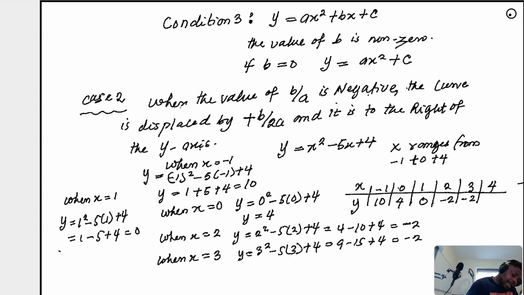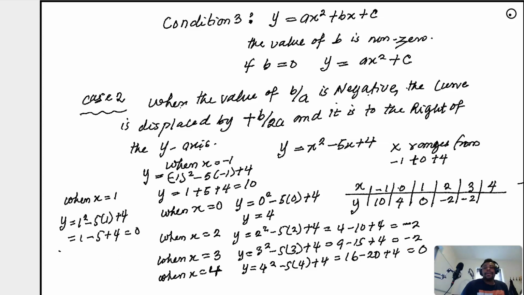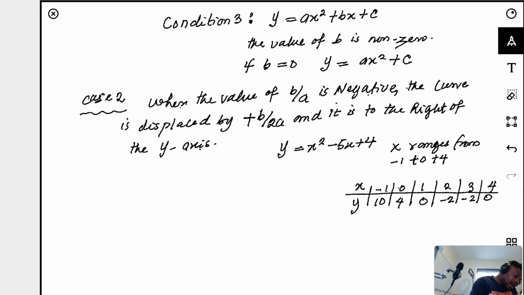Then when x is equal to 4, this is 4 squared minus 5 times 4 plus 4. This is 16 minus 20 plus 4. This is 0. So now let's plot the graph. Now plotting the graph, let's sketch it here.